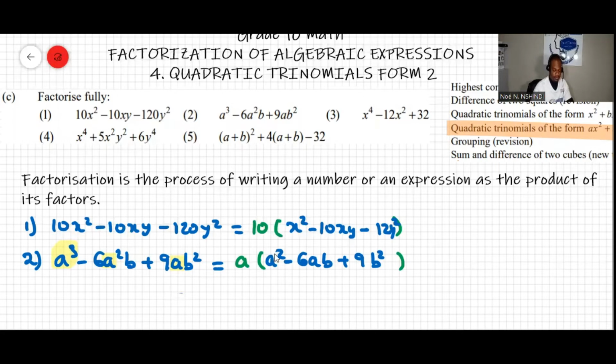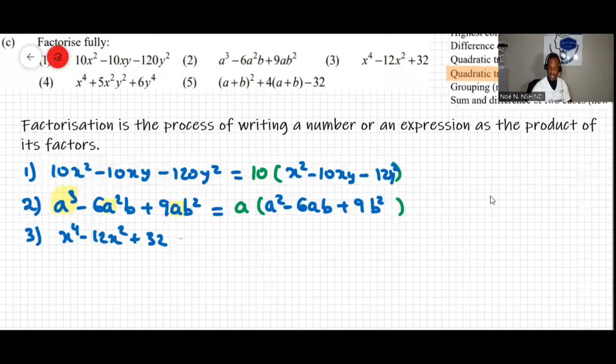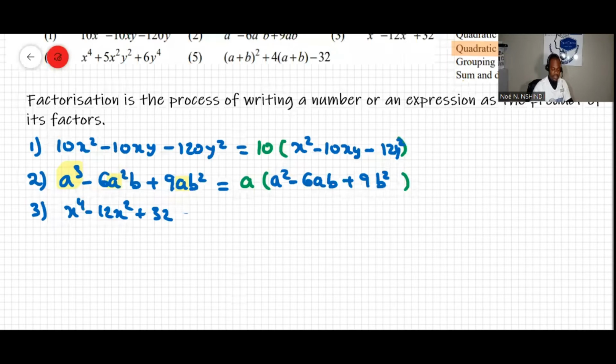For question 3 then, we have x to the power 4 minus 12x squared plus 32. Now, this is not a quadratic pattern because the highest exponent is not 2, it's 4. So in this case is where I would like to introduce what I call the n method. The n method says this: let n equal x squared.